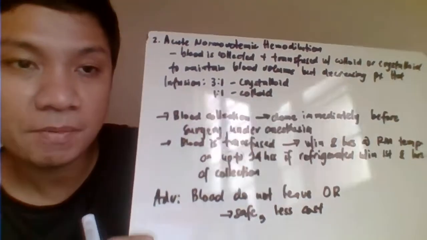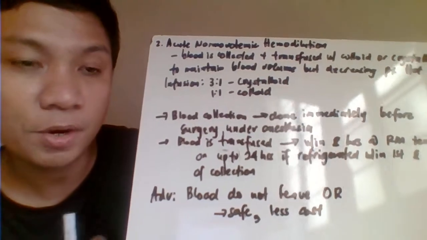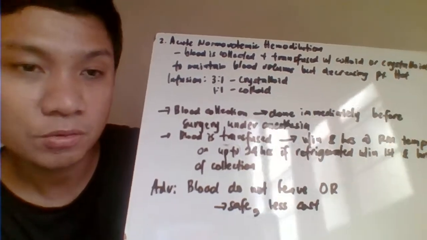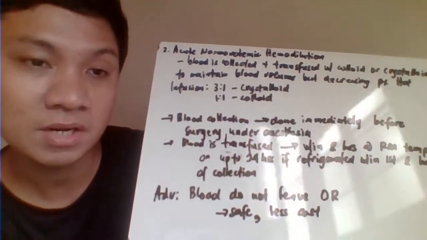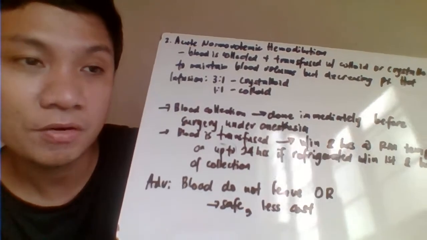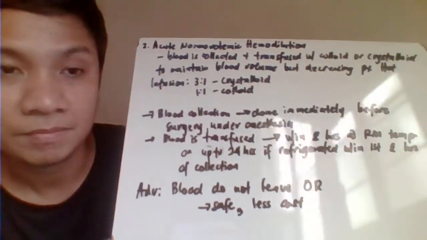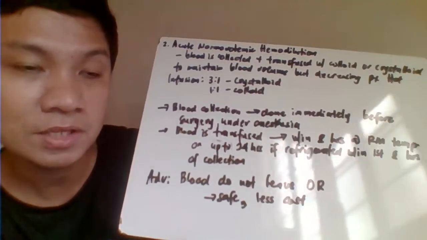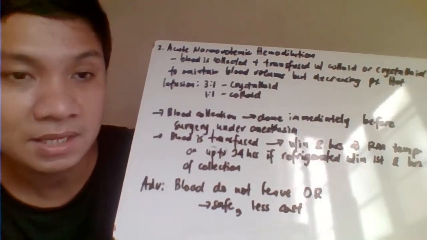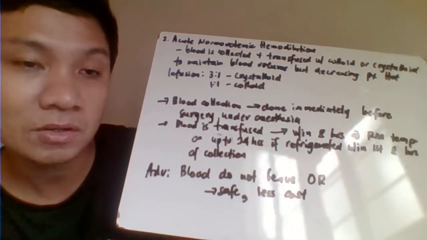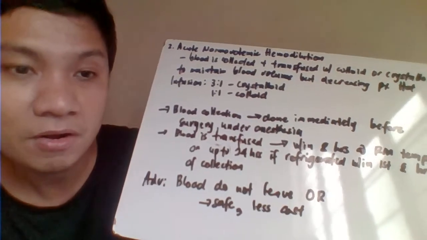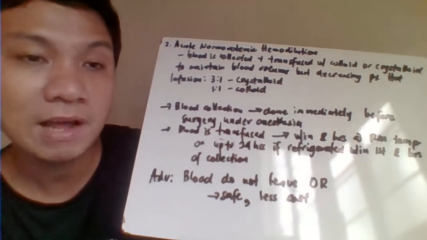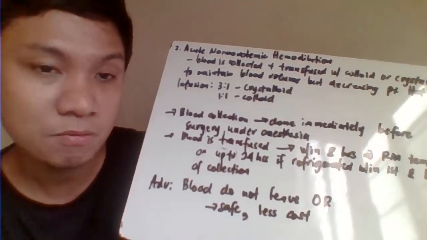In the next type of autologous donation, we have your normovolemic hemodilution. This is the process of blood collection prior to your surgical operation, immediately before the surgical operation, so the blood is being collected from the patient. You're collecting the blood and then you infuse crystalloid or colloid that would allow the patient to maintain the plasma volume.